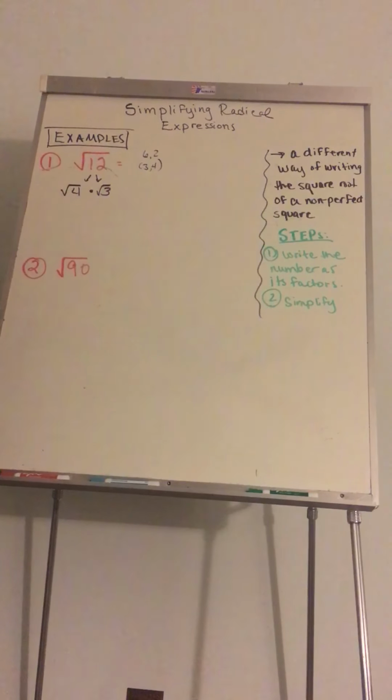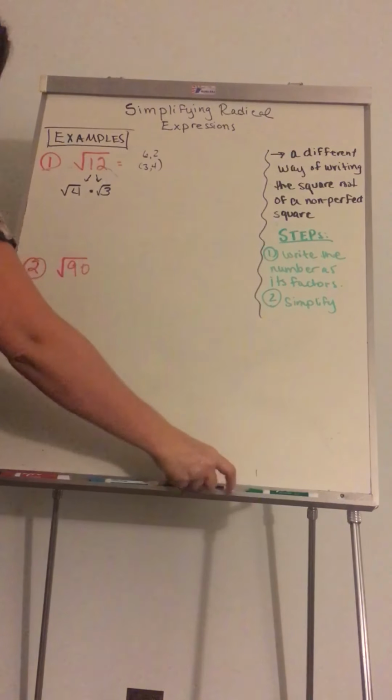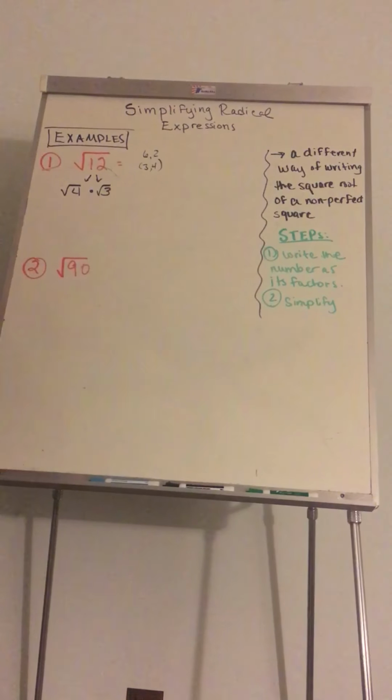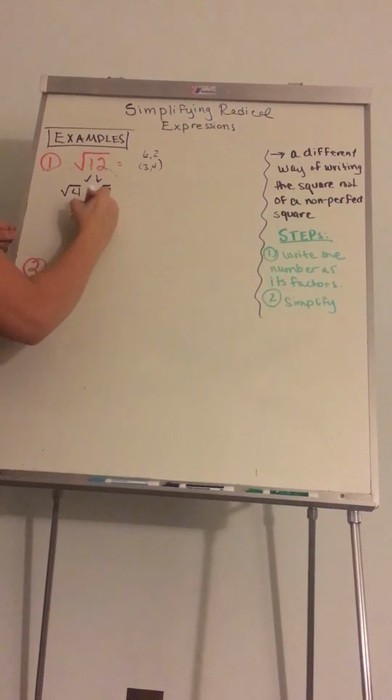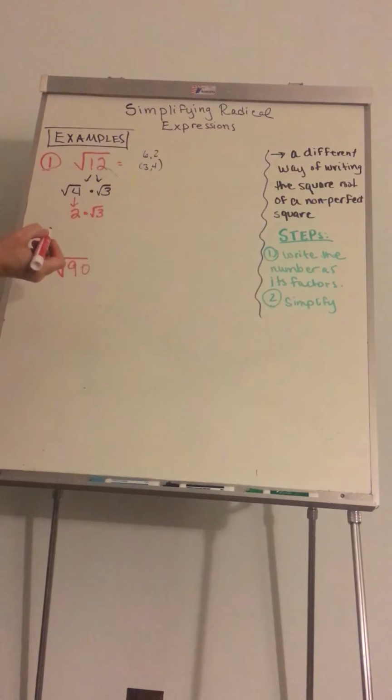Now we can actually take the square root of 4. The square root of 4 is 2, and then times the square root of 3. And this is how we leave it. Instead of having this dot here, if we just put those two things right beside each other, that also means multiply.